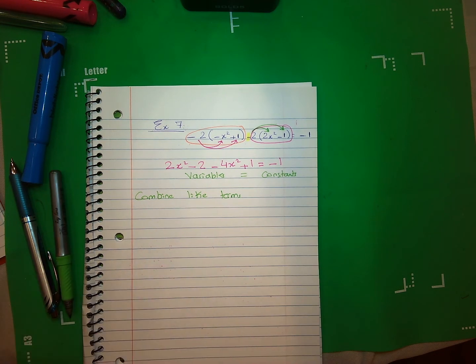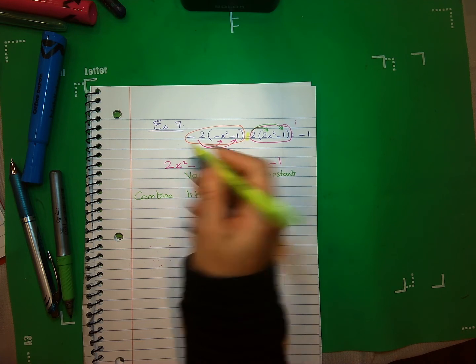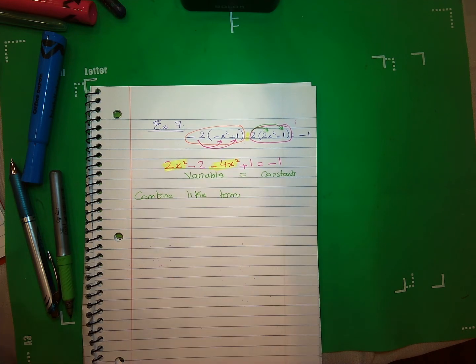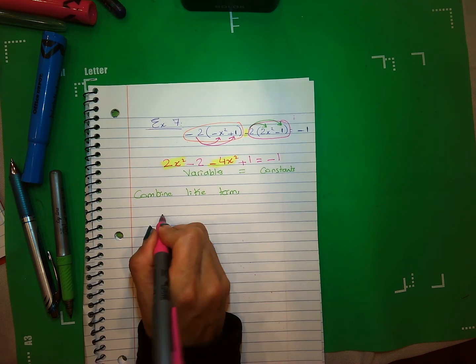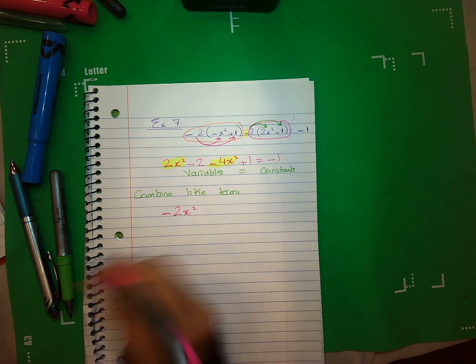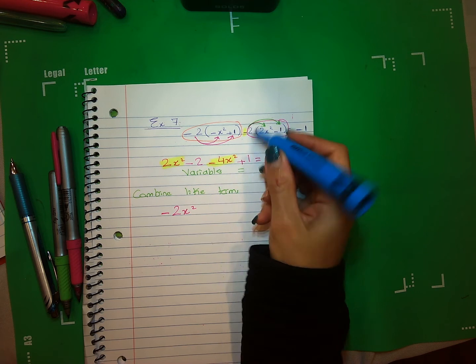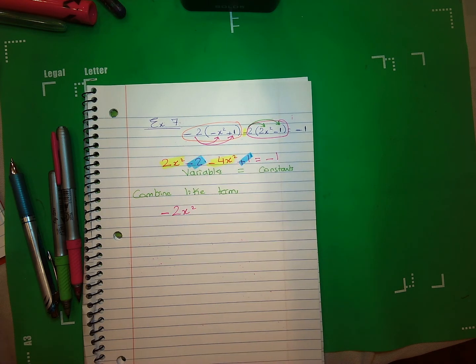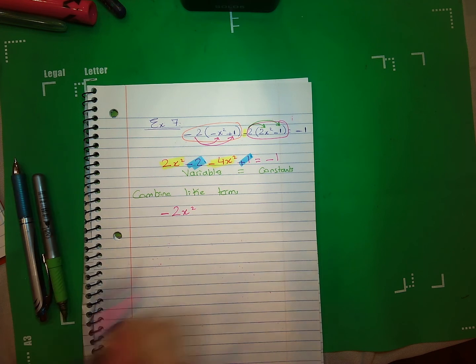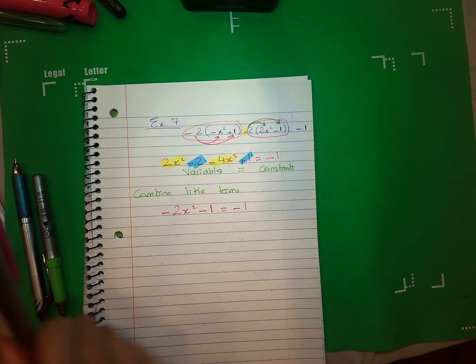If I look at what's before the equal sign, I have 2x squared and negative 4x squared. These are like terms. 2x squared minus 4x squared is minus 2x squared. And then I have negative 2 plus 2, that would be 0.